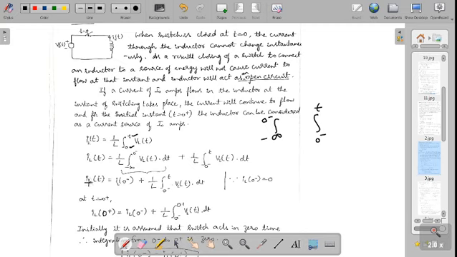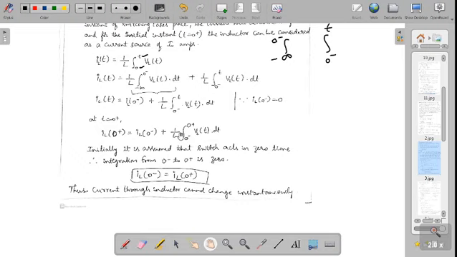Now you can write this as IL of t equals IL of 0 minus, the current carried by the inductor before it is placed into the circuit, plus 1 by L integration from 0 minus up to t of VL of t into dt. Initially we assume that the past history of this inductor is that it doesn't carry any current, so I make this 0.